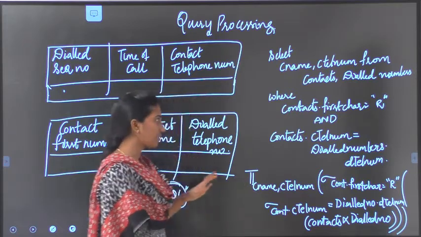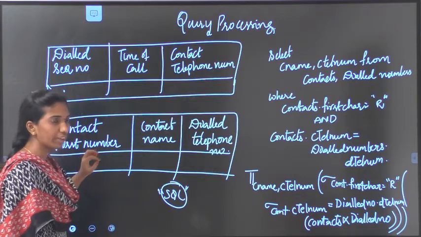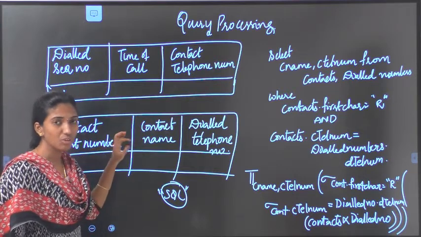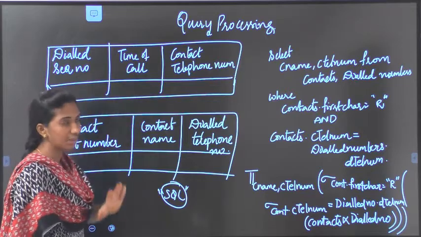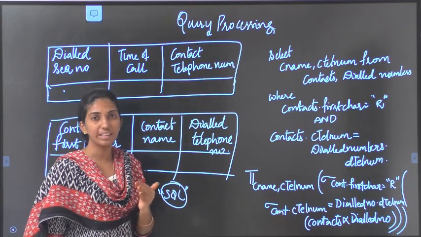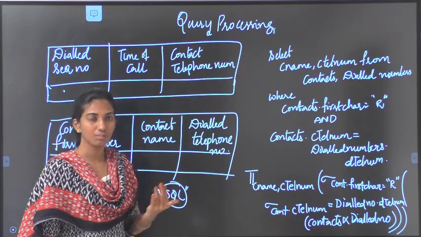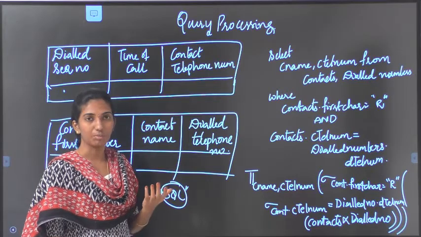Okay. So first consider these two tables. In relational databases, the data is stored in the form of tables which contain entities and attributes. The entity is a table name, and attributes are the column names, right?